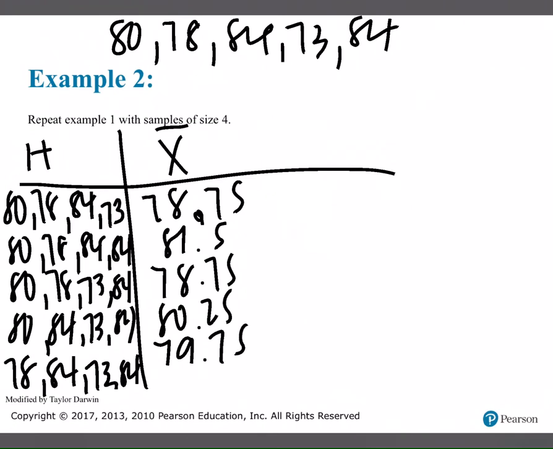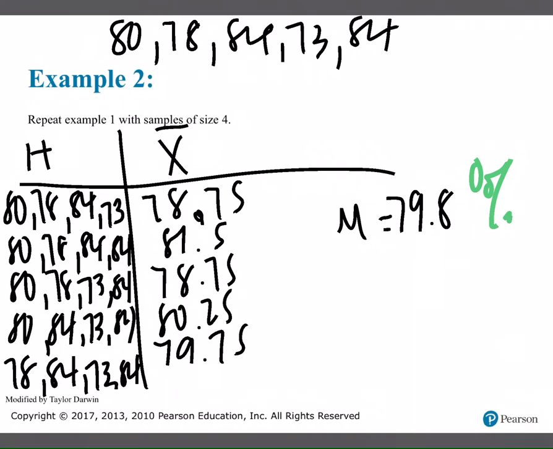So let's ask the same questions. What's the probability that we get exactly the mean? The mean is equal to 79.8. And so we don't actually get exactly the mean. So that's 0%. But what's the probability that I get within an inch of the mean?